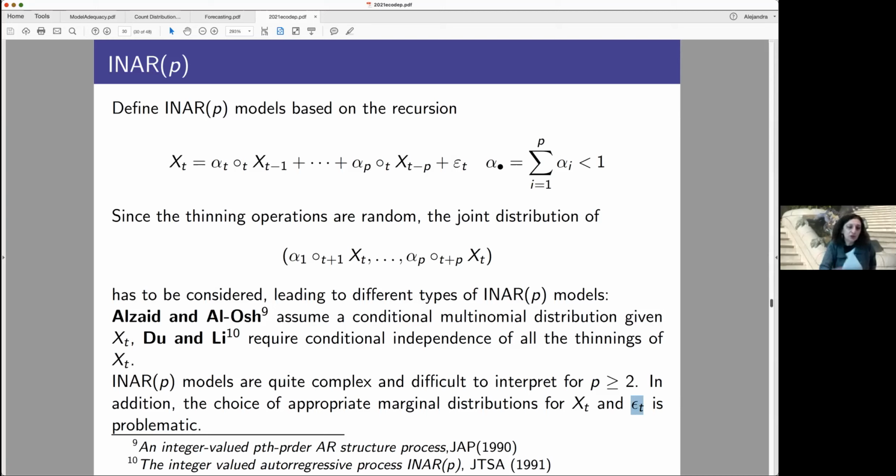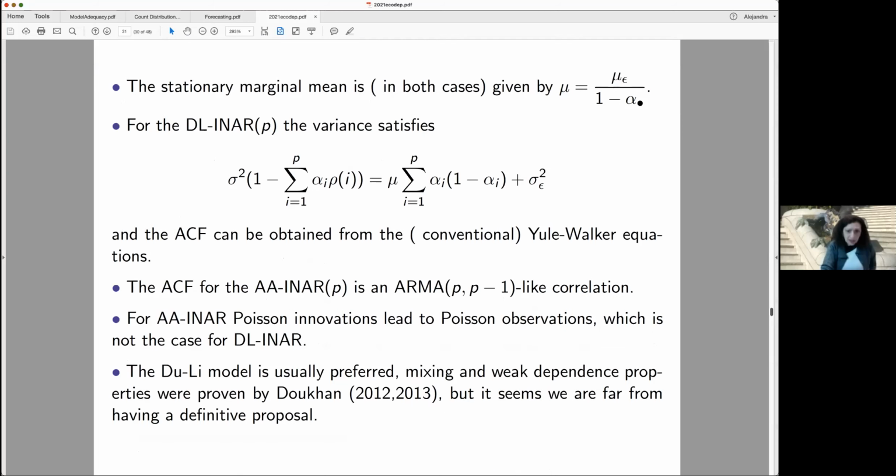I mean, there is not a definite way of defining an INAR of order larger than 1. So imagine an INARMA of order p, q. What happens here? Well, in both cases, asking for conditional independence or a multinomial distribution for the thinnings performed over the same X_t, the stationary marginal mean is the same.